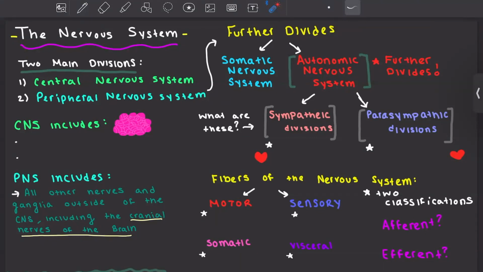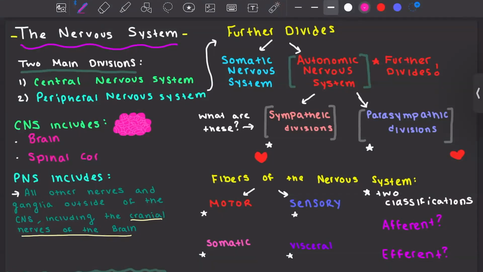So the nervous system in the human body is divided into two main divisions, and these are pretty simple. The central nervous system and the peripheral nervous system, or CNS and PNS is the abbreviation for it. So the central nervous system is pretty simple. It's literally just the brain and the spinal cord.